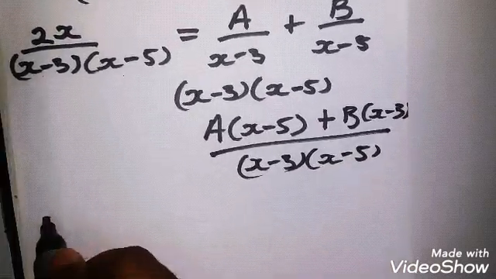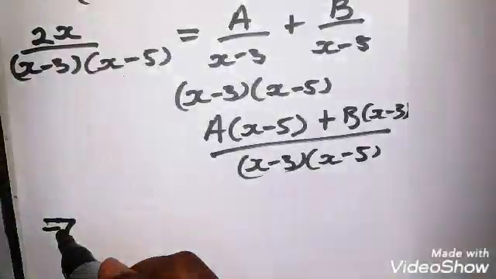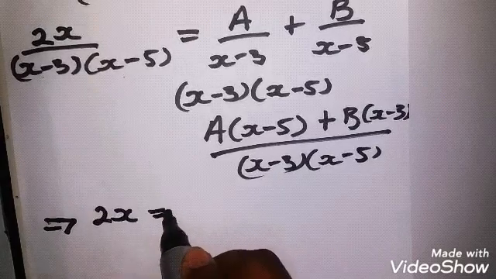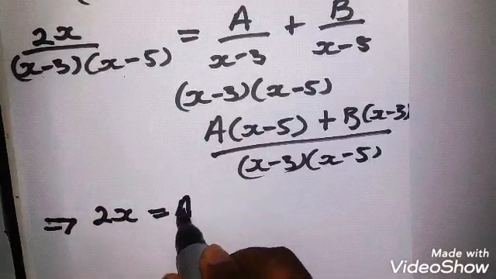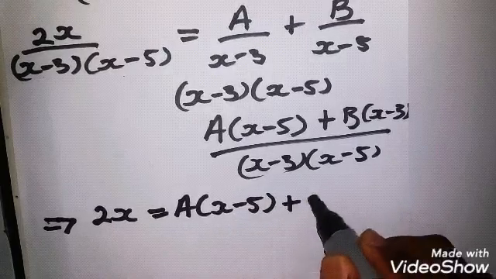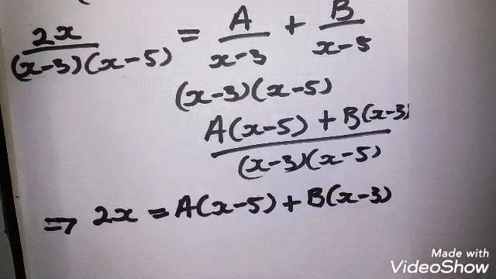So now this implies two x equals a times x minus 5 plus b times x minus 3.